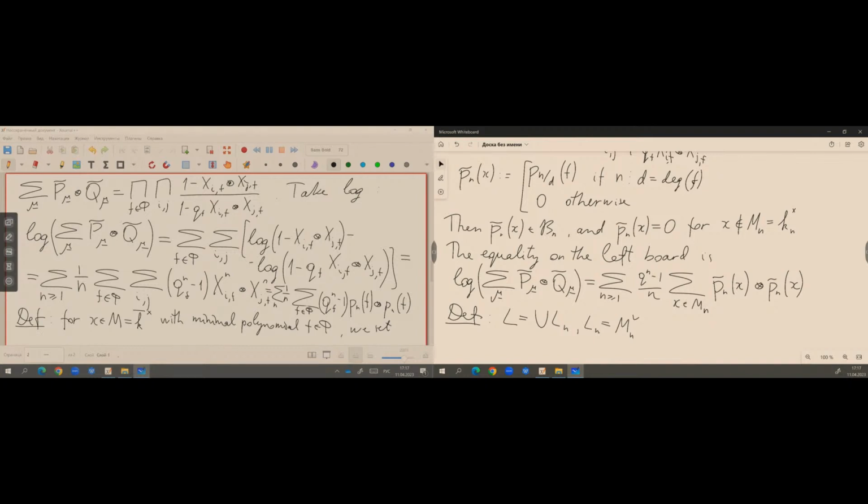But the definition is that for a character xi, we set P n tilde of xi to be minus 1 to the power n minus 1, the sum over all elements in the multiplicative group, the pairing of psi and x, with respect to this pairing of Ln and Mn, P n tilde of x, if psi lies in Ln and 0 otherwise.